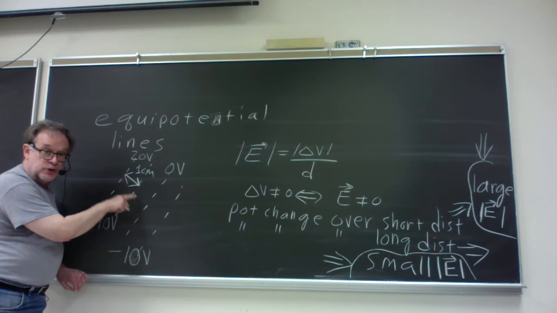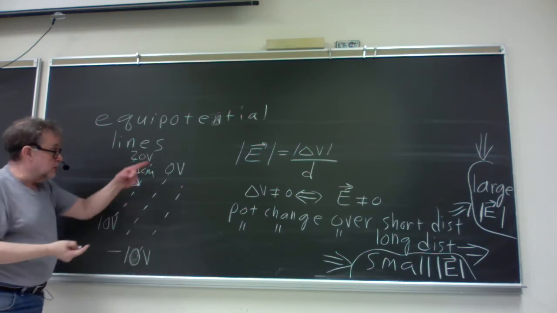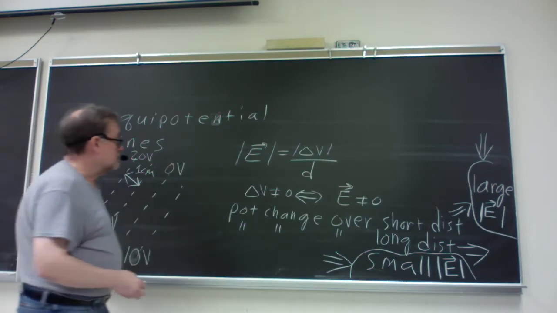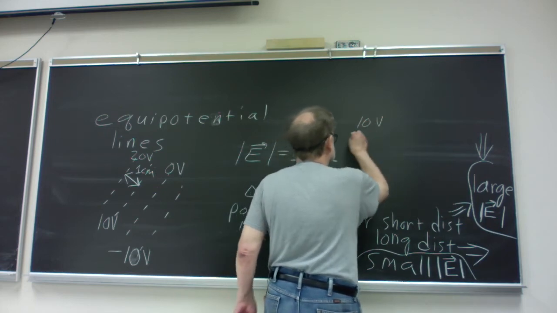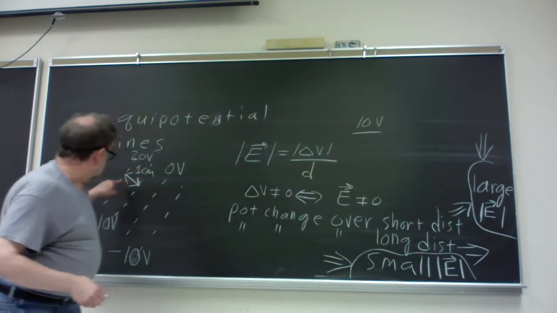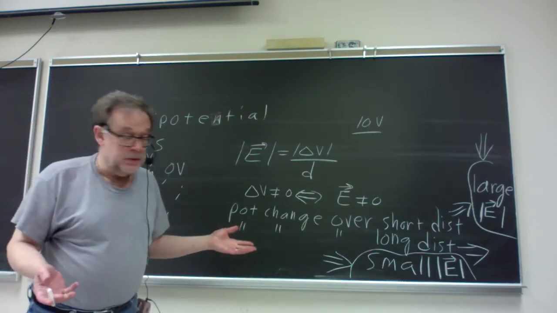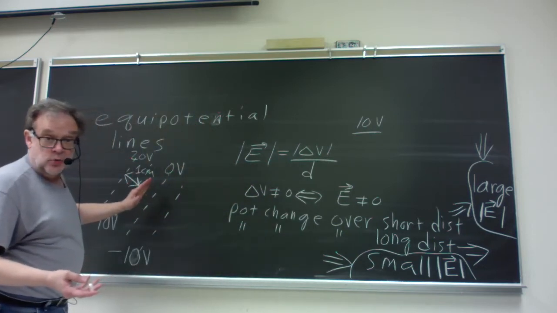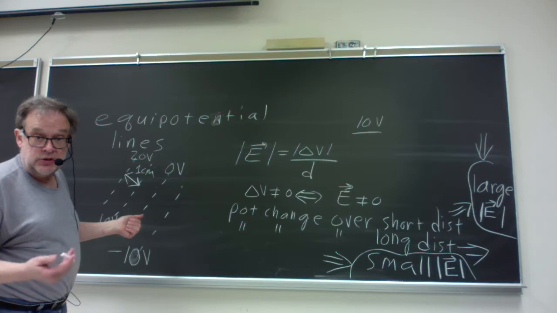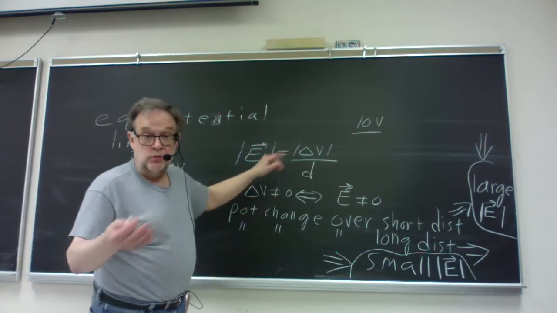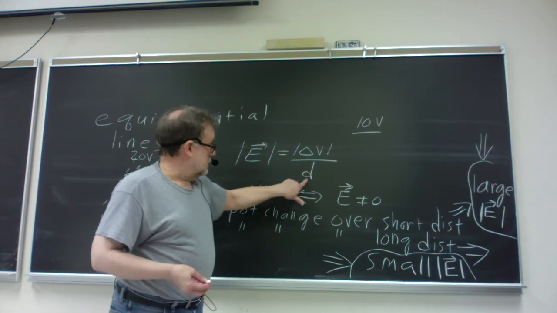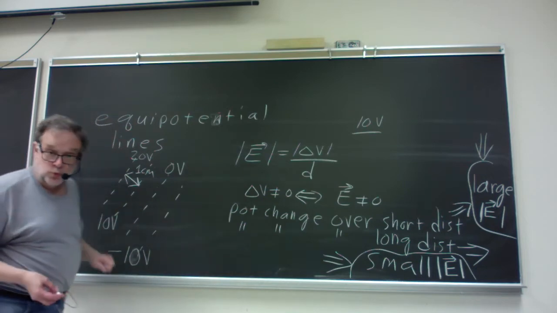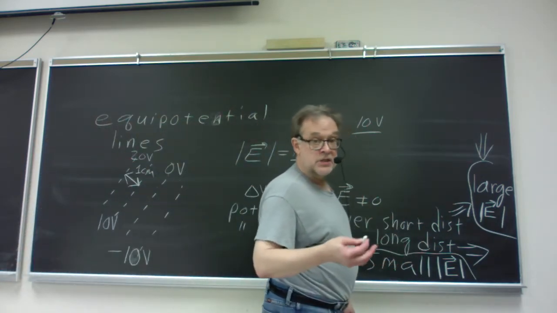So that means in this region here, the strength of the electric field is just a 10 volt potential difference, delta V, and going from here to here was a decrease in potential. So actually, in that case, the delta V in going from here to here was negative, a decrease, but we're only interested in absolute values and sizes here. And you divide by the distance between the 2 points that are 10 volts apart. That distance was 1 centimeter, or 10 to the minus 2 meters.